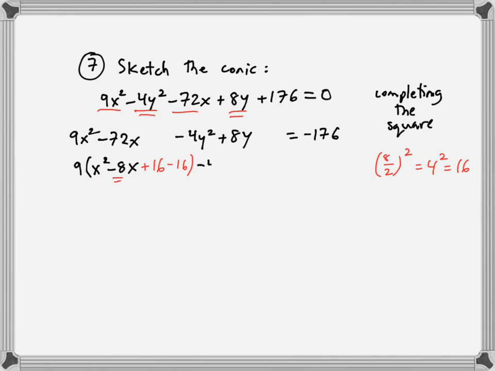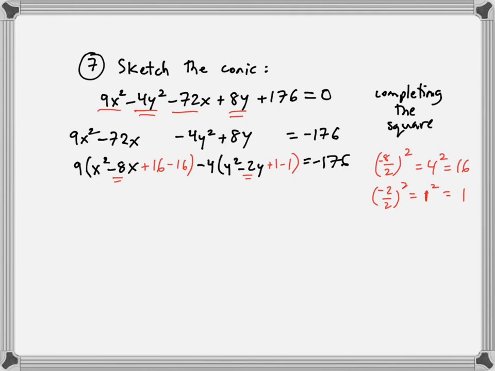Now on this guy, I'm going to factor out a negative 4, and I'm left with y squared minus 2y. And here is my new middle term, so I'm going to do negative 2 divided by 2 and square it. The negative doesn't matter because we're going to square it anyway. It's always a positive what you add to it. So this is going to be plus 1 minus 1. So this is what we have.